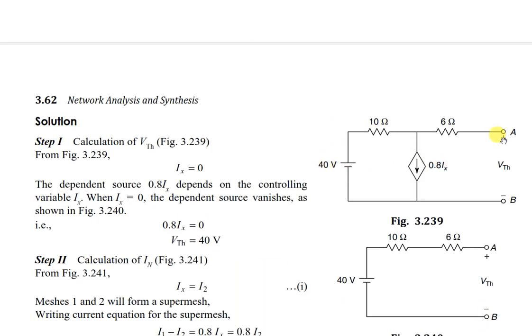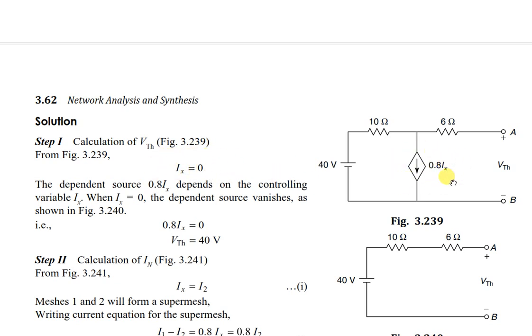So now let us find out. We remove the RL here, and we have to find the open circuit voltage, which is nothing but VTH. Once I open this, the current in this second mesh becomes zero. Ix was here, and now that RL is removed, Ix becomes zero.